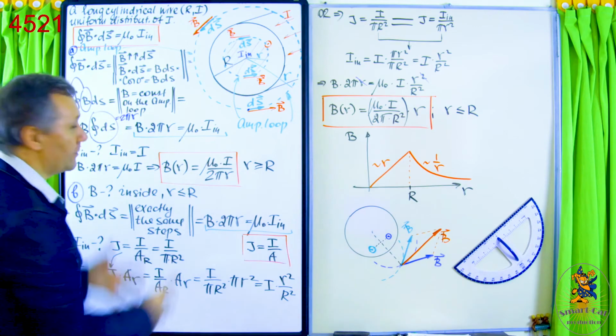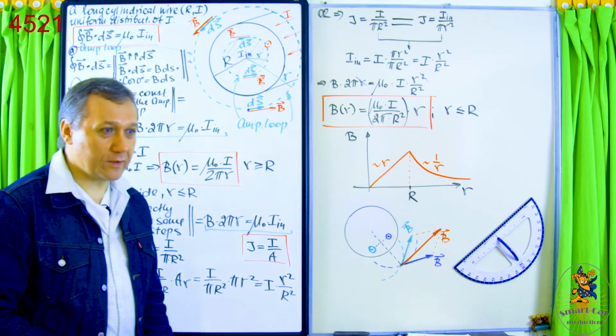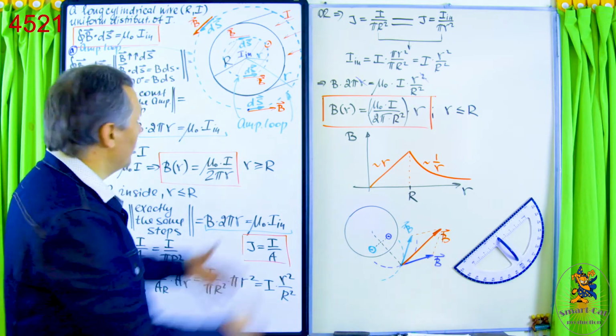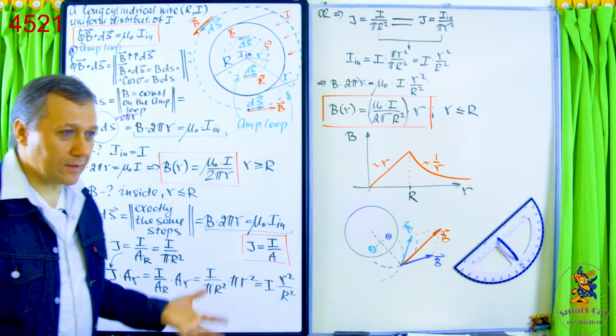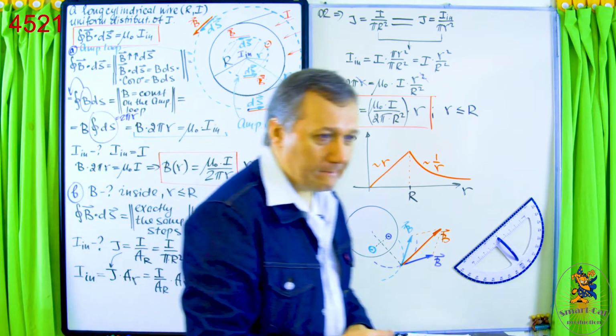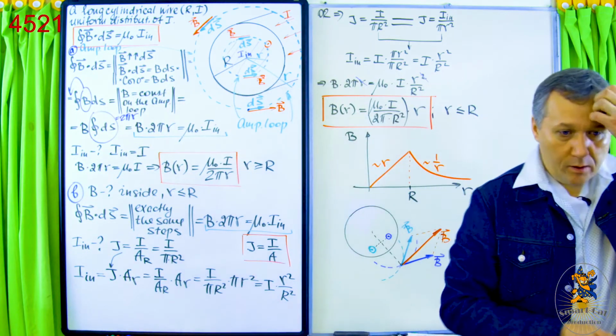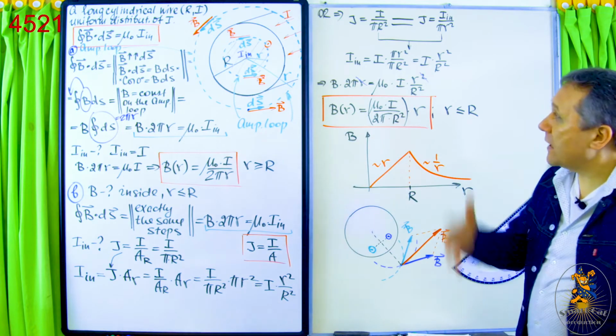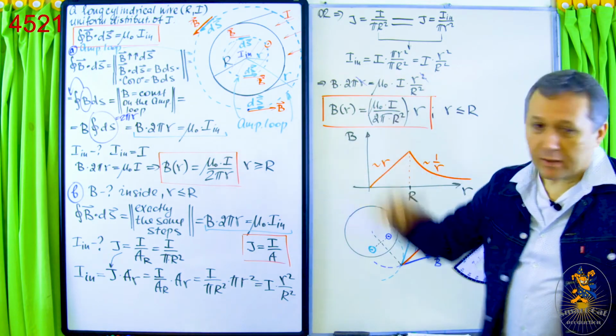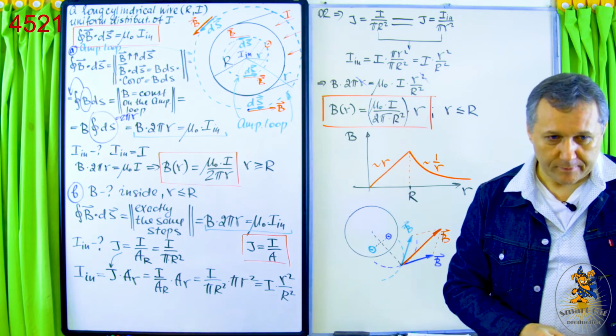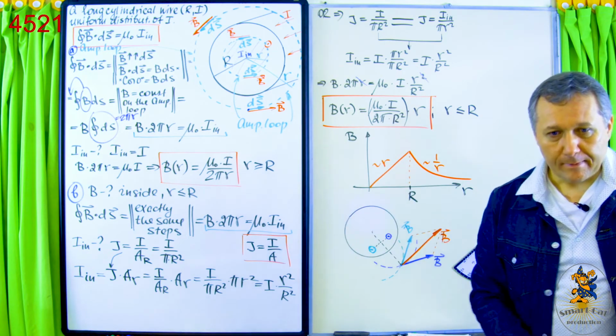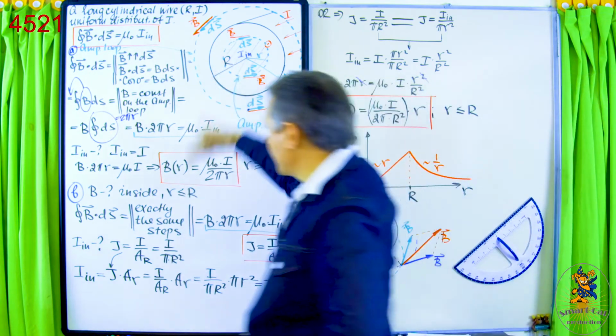And then you just look at the picture to see where the current is, which area you're interested in, nothing else. That's it. And every time you start with picking an Amperian loop, and then you can start rolling through the solution.